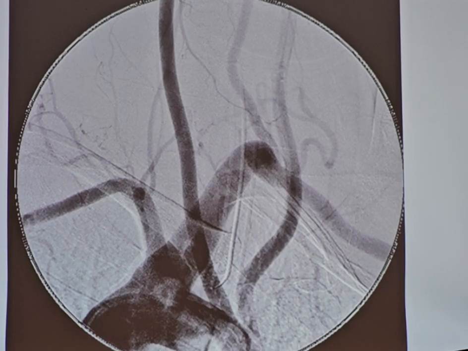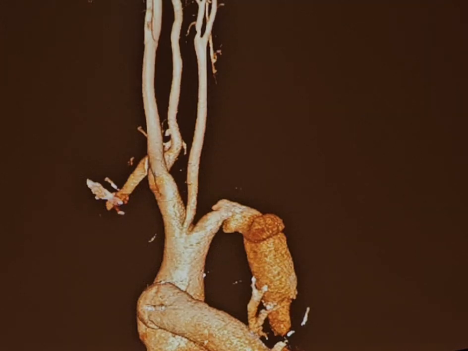Good. What about this one? We've got something here. Then a common origin, it looks like, for all the vessels. So, subclavian, common carotid, left common carotid. What's going on?